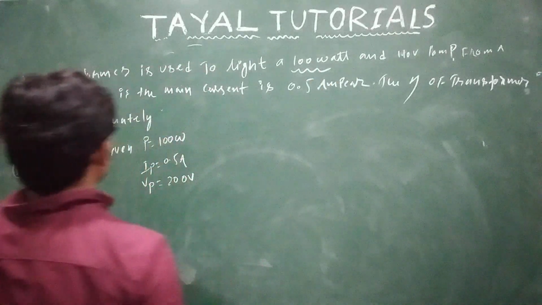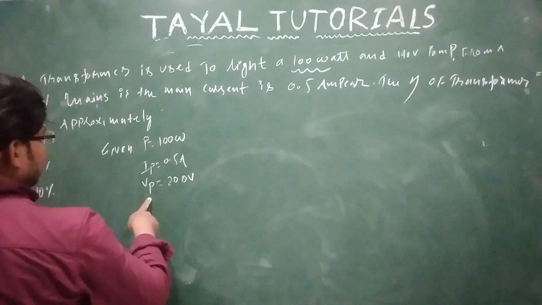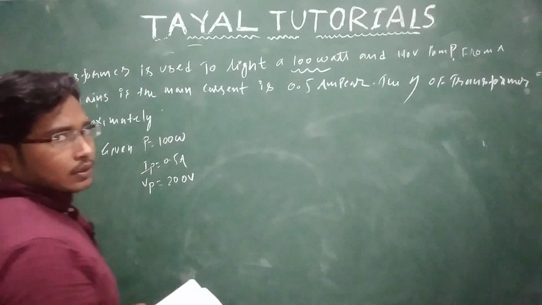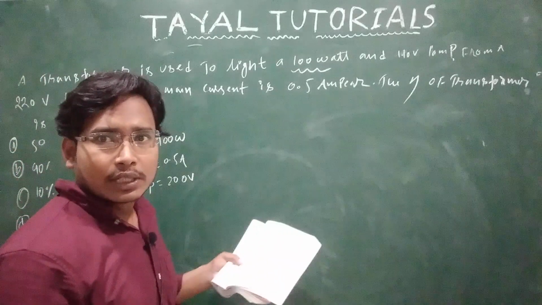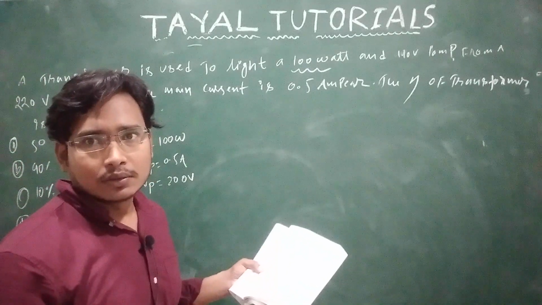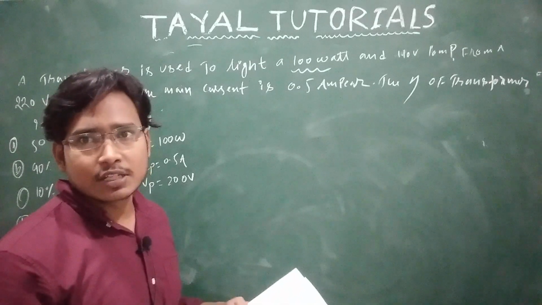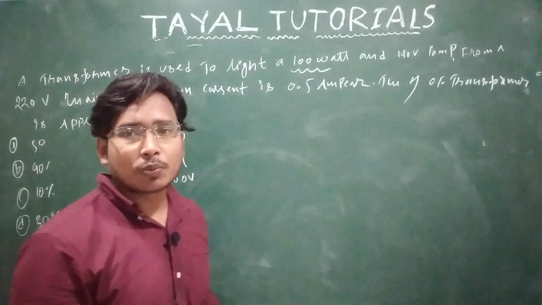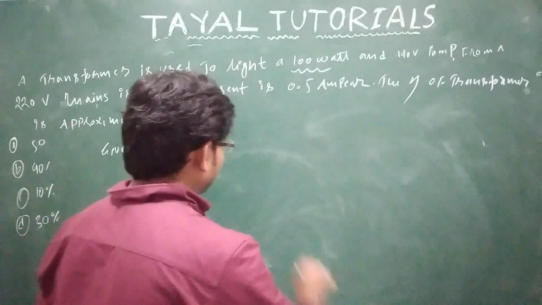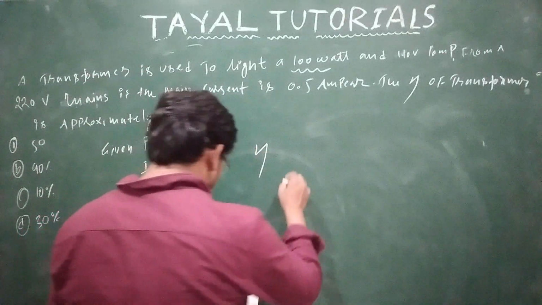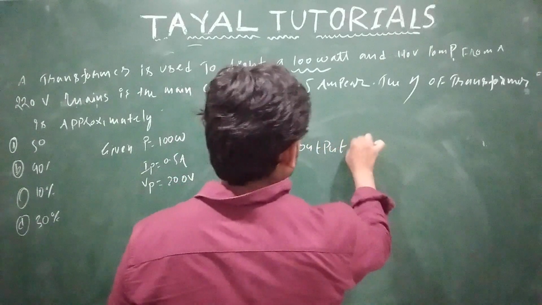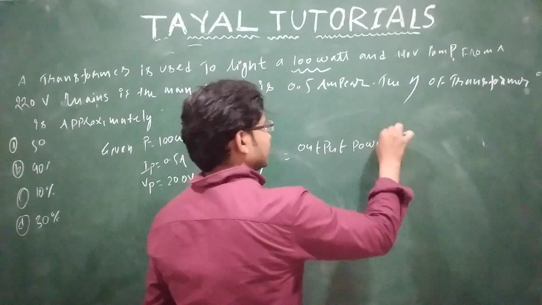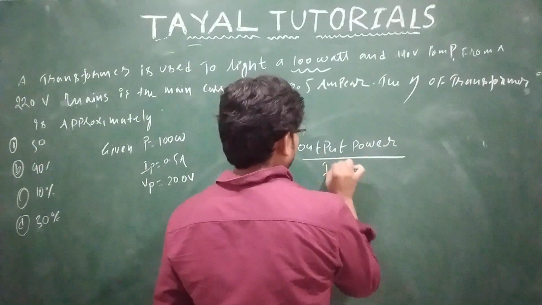So your input you can calculate because Vp is mentioned, Ip is mentioned. Okay. Output is given, input you can calculate with the help of Vp and Ip. So you can simply apply the efficiency formula, which is output by input. Okay. So this is your efficiency formula: output power upon input power.